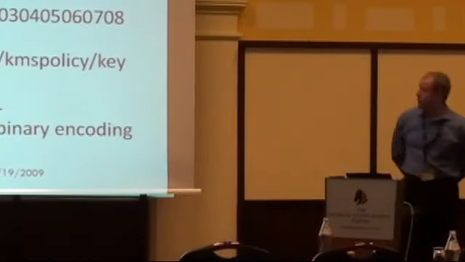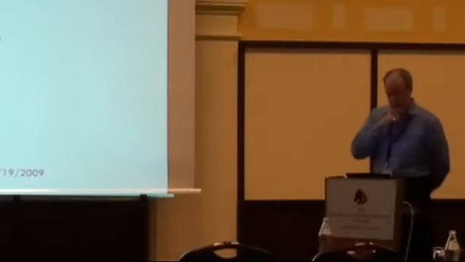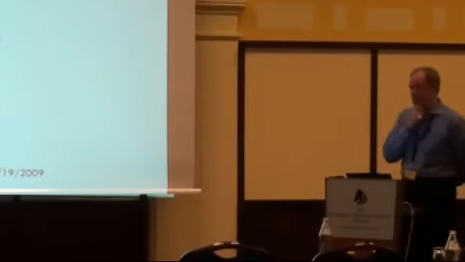I truncated this XSD. This is the EKMI symmetric key XSD request. This is all, again, public information. You can go look at it. It's not terribly mind-blowing. But you can look at this here, and you can see it's real basic.